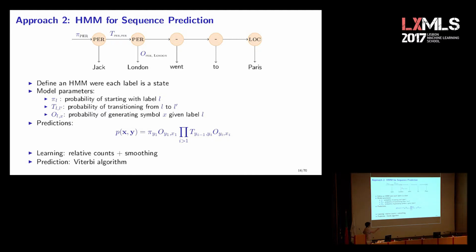So an HMM computes this distribution, probabilities of input and output sequences, as a product of these parameters. I can learn that, and I can do predictions using Viterbi that, given the sentence, computes the most likely sequence of tags. That's precisely what I want.